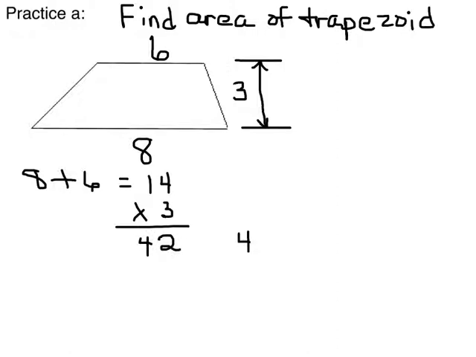And then because it's triangles, we have to divide by 2, and we get 21. And I don't remember if this was centimeters or inches or feet or whatever. Let me look back in the book. This is in meters, so it would be 21 meters squared.